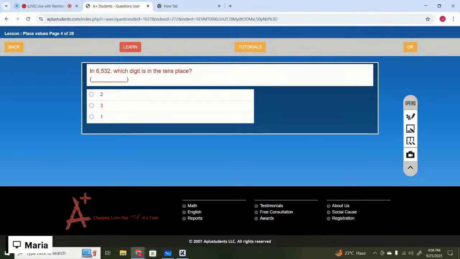Okay, in 6532, which digit is in the tens place? So, which is the correct option?